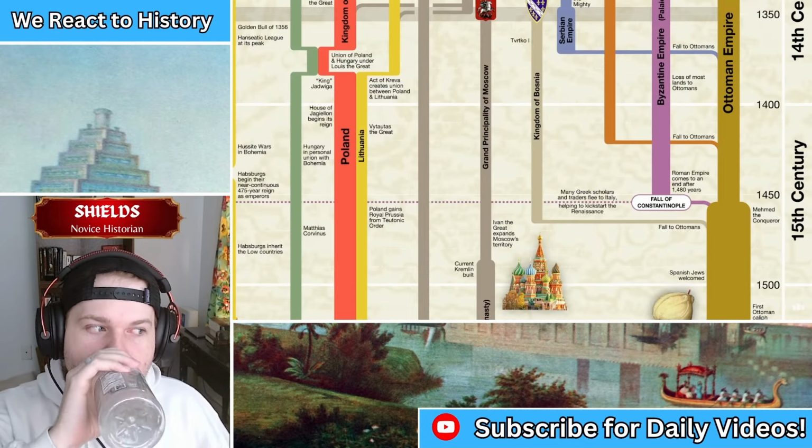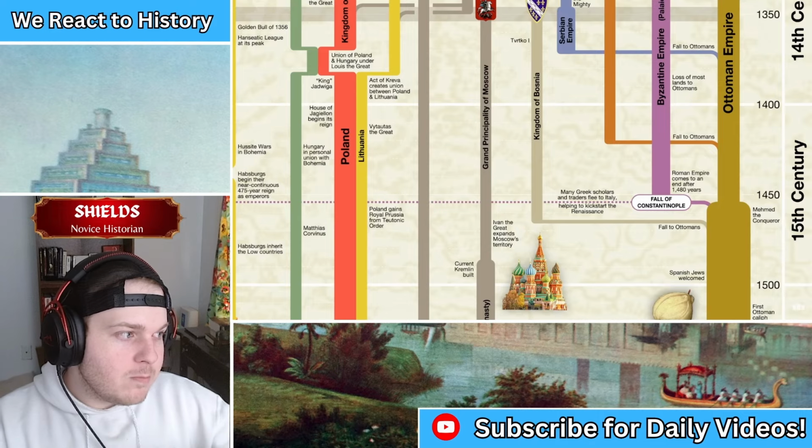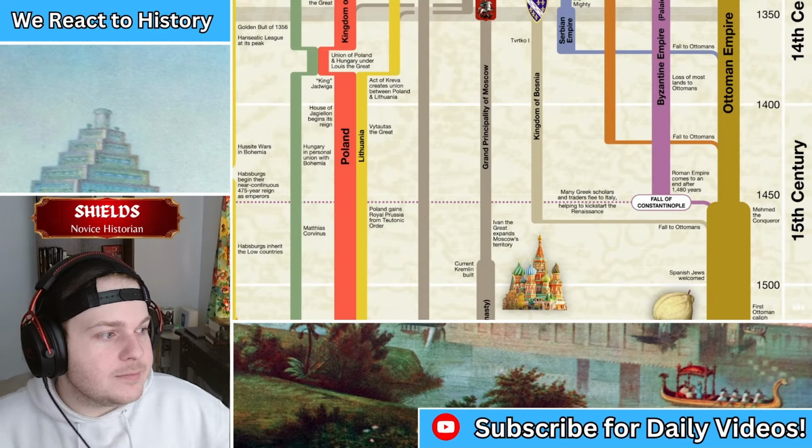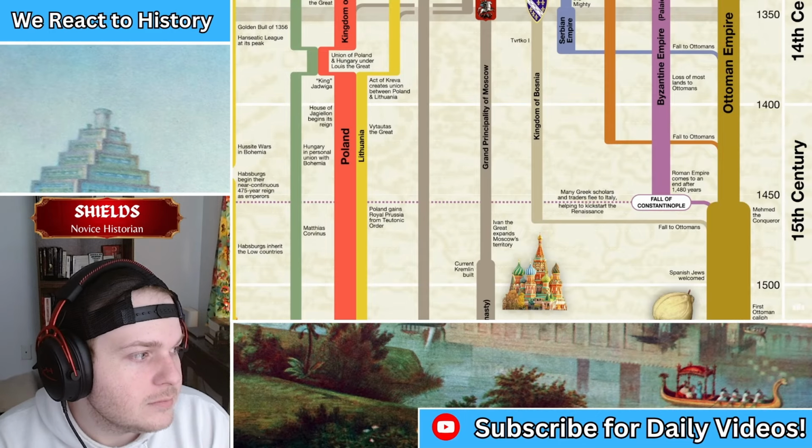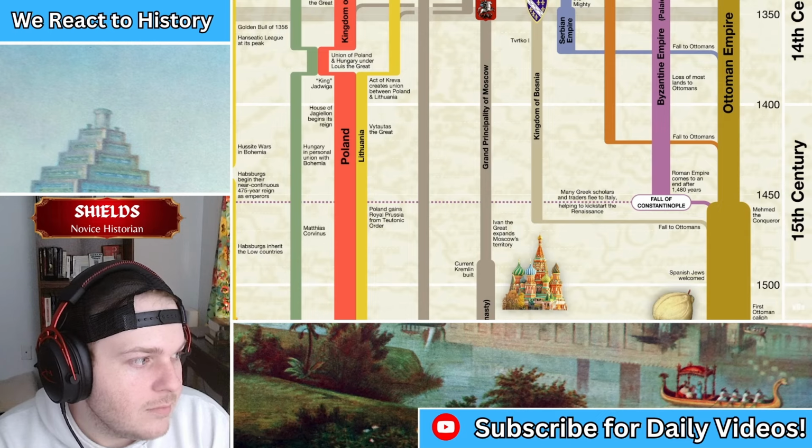So the fall of Constantinople to the Ottomans basically marks the transition point between the medieval period and the modern period. This is because the fall of Constantinople had two big consequences.